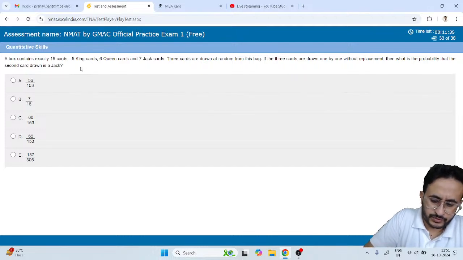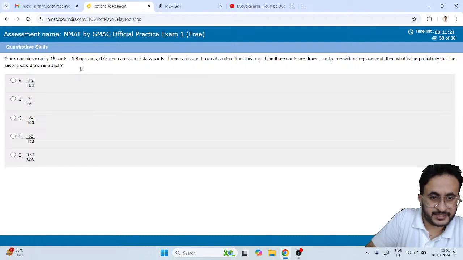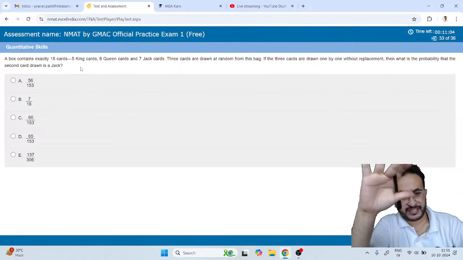Case one: the first should be a jack and the second a jack. Case two: the first is a non-jack and the second is a jack. In the first case, the first jack is 7 by 18, and the second jack will be 6 by 17, because if one jack is already picked, without replacement we have 6 jacks remaining.